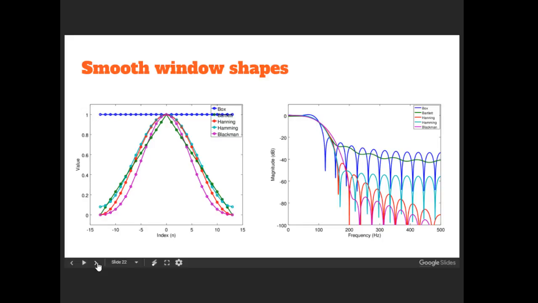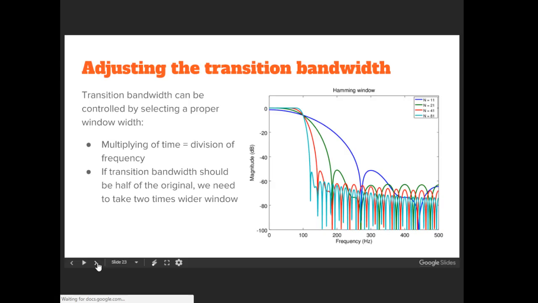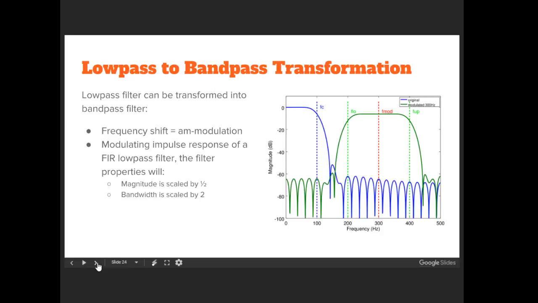They look a little like a bell curve, other than the triangular shape. The smoother you get, the more stop band attenuation you have, but it also affects the transition bandwidth, which can be fixed by adding more values to the width of the filter.